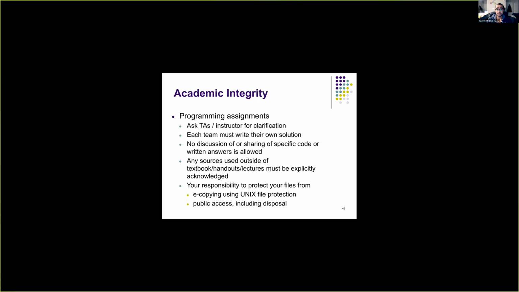And academic integrity. Whenever in doubt, please ask TAs for clarification. Each team is expected to write their own solution, and we don't expect teams to share code. However, if you happen to use code from any online sources, please explicitly acknowledge them. Furthermore, it's your responsibility to make sure that the labs you do are safely secured on the machines that you use.